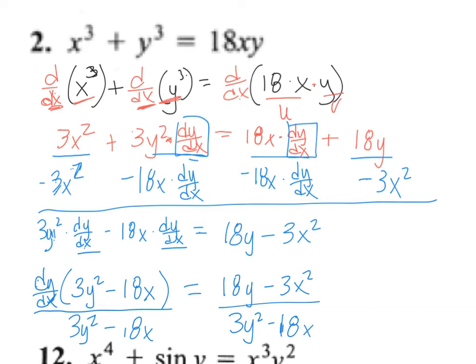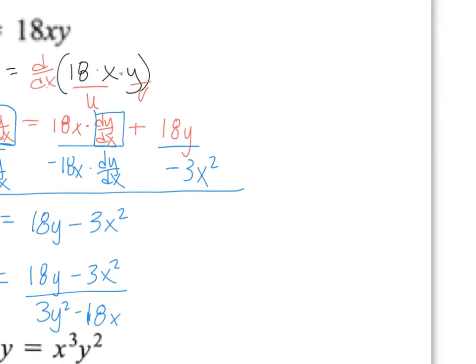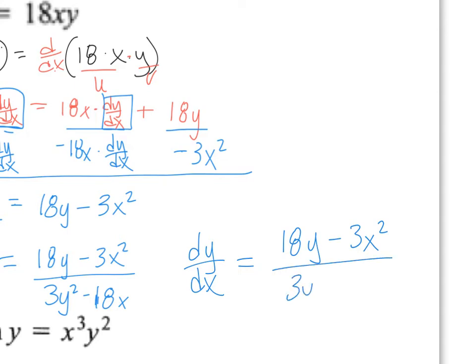So this divides out over here, and I can then write my derivative as dy dx is equal to 18y minus 3x squared all over 3y squared minus 18x.